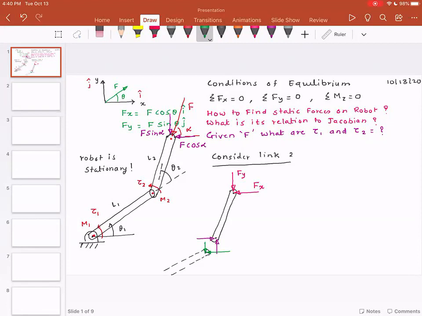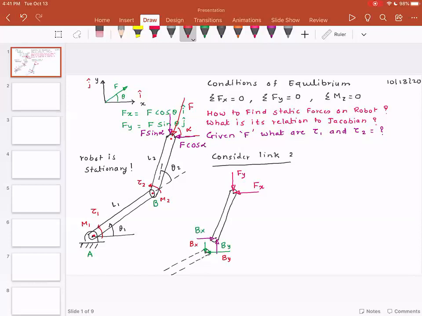So I'm just going to say this is my joint A and this is my joint B. So think about it, here I have B of X and I have B of Y, and the same forces, equal and opposite in direction, would be acting over here, which are B of x and B of y.